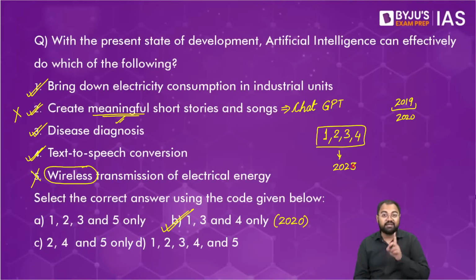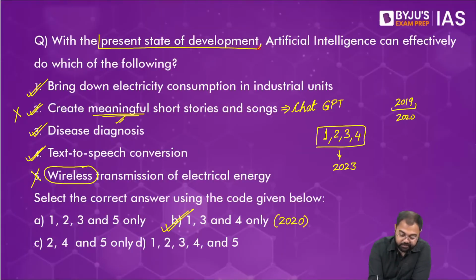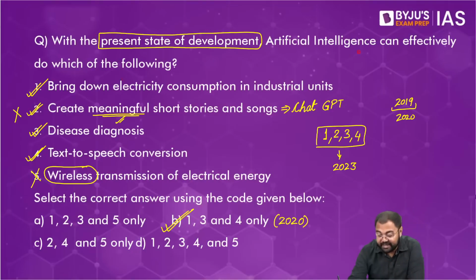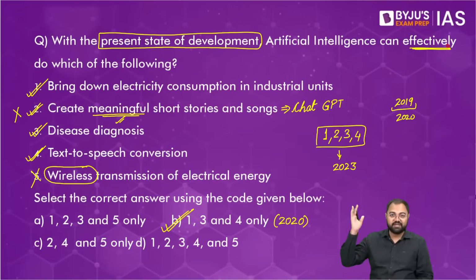And that is where reading the question carefully is very, very important. Look at the question. It says, with the present state of development, artificial intelligence can effectively do which of the following? Present state of development and effectively do. It's not a can-be question. If it were, what can artificial intelligence do, then you could just mark whatever you want.